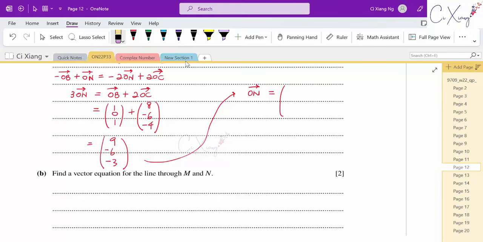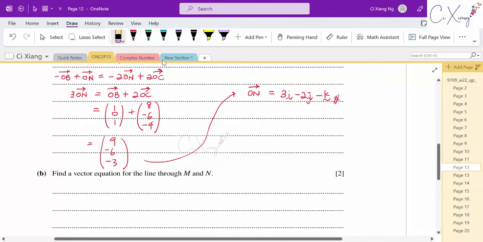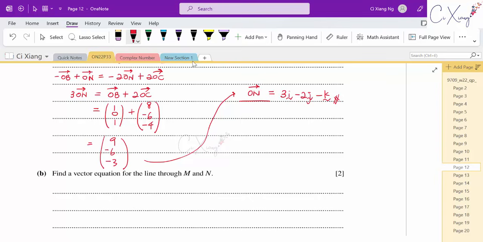And we are having 9 divided by 3, I get 3. So 3i, then minus 2j, minus k. Alright, so this is how we get the position vector for OM and also ON.